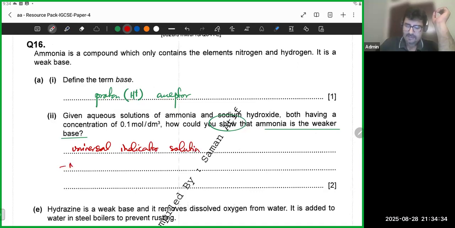So you're going to state that if you add universal indicator solution to ammonia, which is a weak base, what would be the color? The color would be blue.